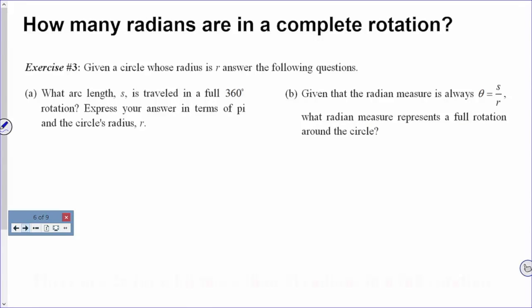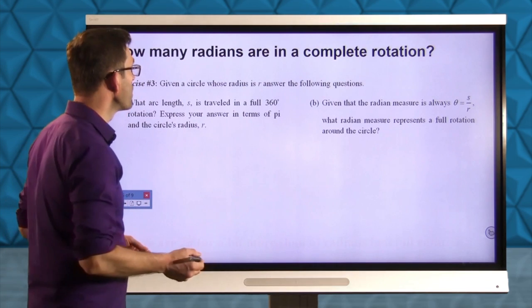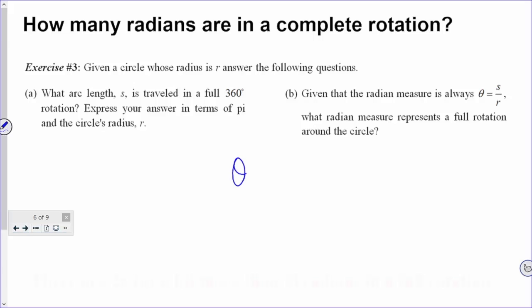Exercise number 3. Given a circle whose radius is r, answer the following questions. Letter A. What arc length, s, is traveled in a full 360 degree rotation? Express your answer in terms of pi and the circle's radius. So remember, we've got this whole theta, that's my angle, equals s divided by r.